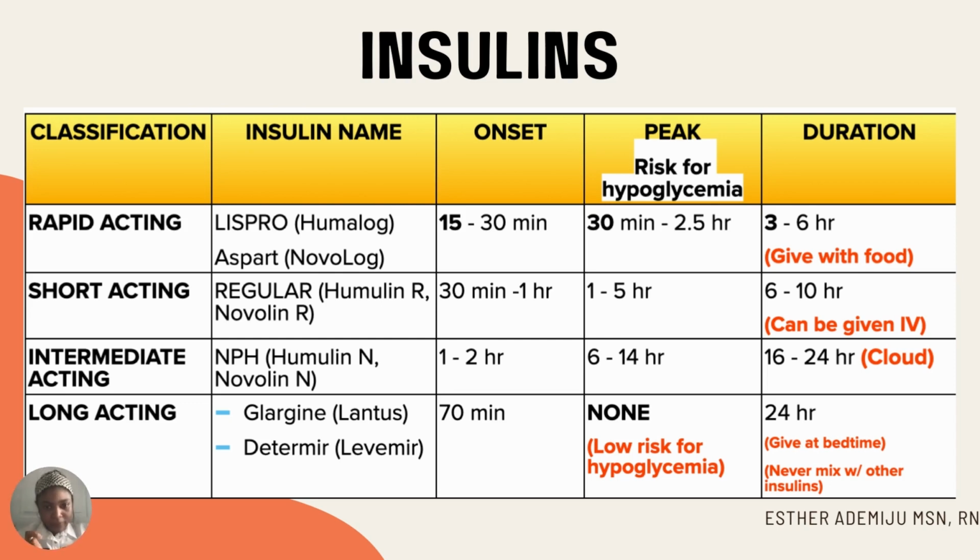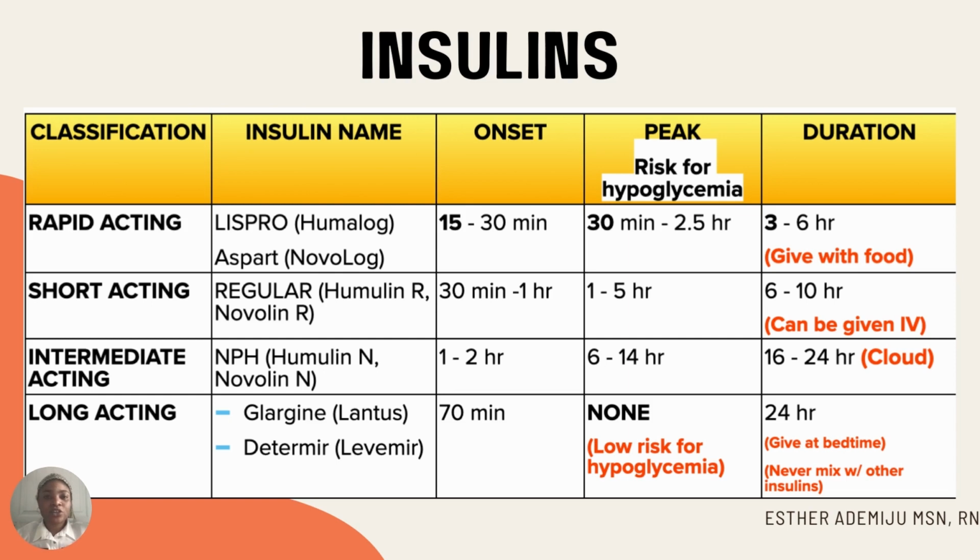Let me give you an example. Let's say I give my rapid acting insulin at 8 o'clock. Within what time do you think I should come check my patient for possible hypoglycemia? I'm hoping you said probably between 8:30 and 10:30.